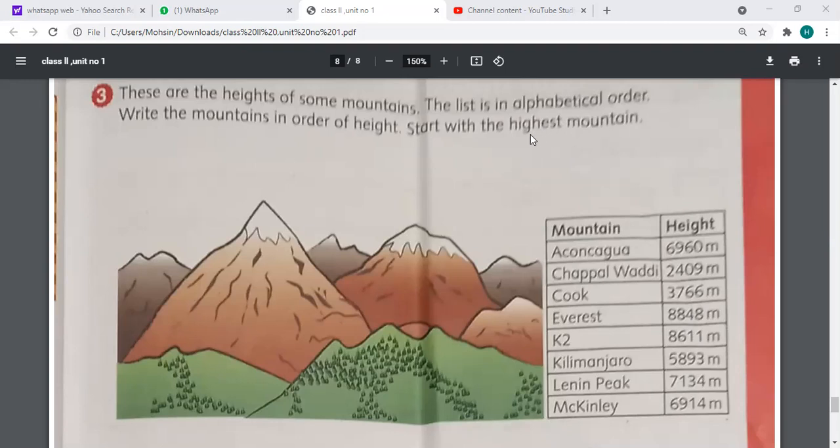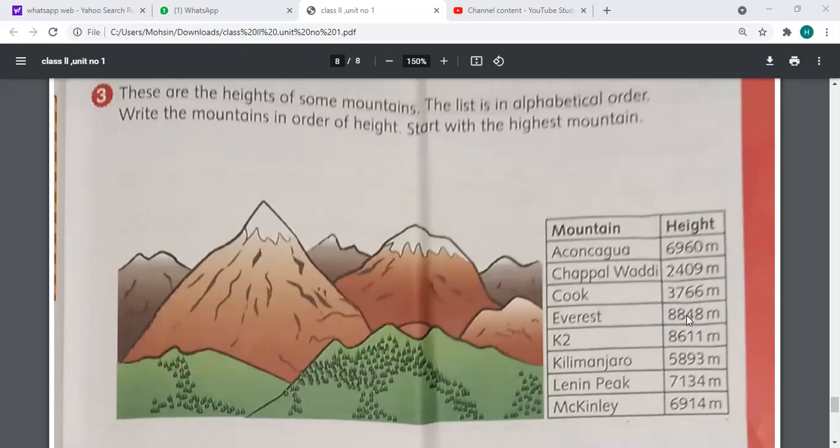So I'm going to find the highest mountain in this list. The first one is 6,900. This one is 2,000, 3,000, 8,000, 8,000 again, 5,000, 7,000, and 6,000. So I can see clearly that I have two 8s present in our list, 8,000 and 8,000. Now I'm going to take help from the hundreds value.